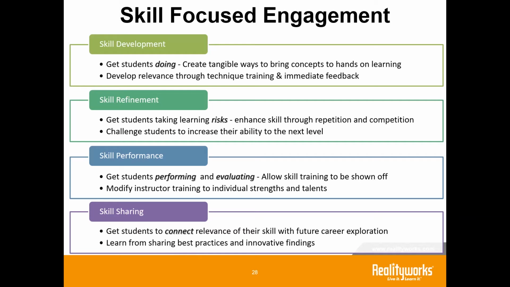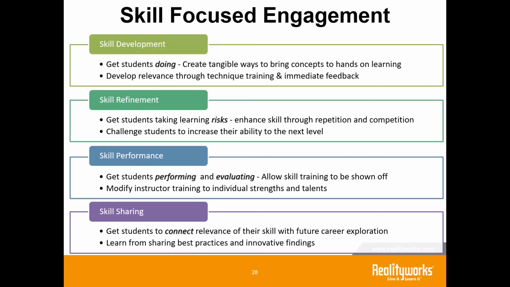Some cases might be because if you don't, your business will suffer. So all of this skill performance really allows you to individualize strengths and focus on scenarios that will help the student understand why you're doing what you're doing. Again, it allows them then to go into performance mode, performing and seeing, can I do this? How good am I? Where do I maybe measure up against others? So competition becomes a key part in this performance world.